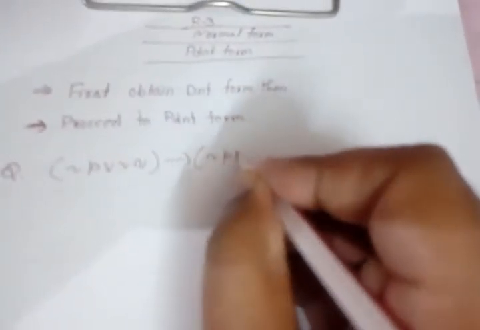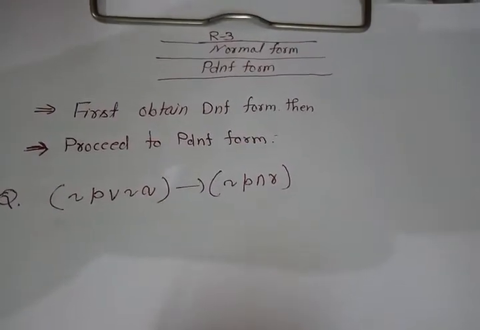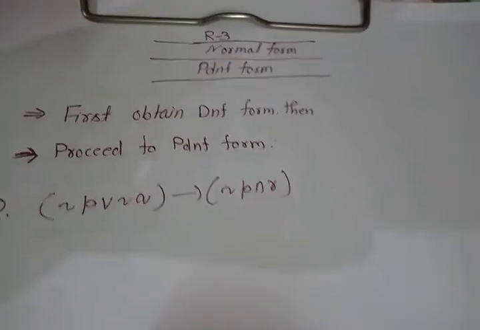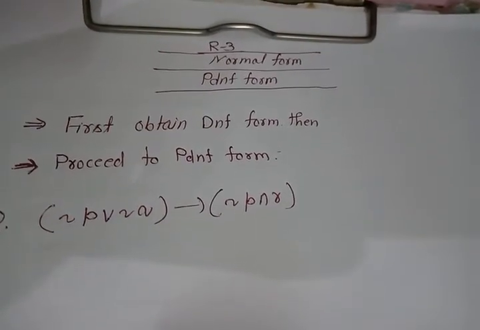Firstly, we will take a question: negation of P or negation of Q, implies negation of P conjunction R. In the same way, we will simplify the given compound statement to obtain the DNF form.